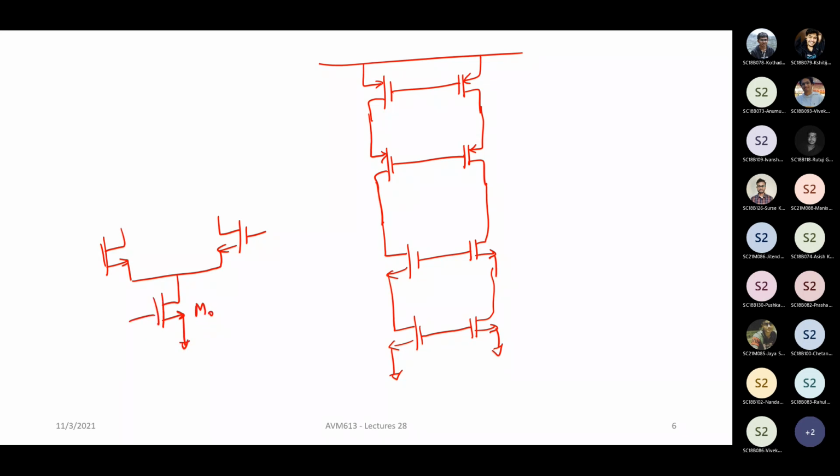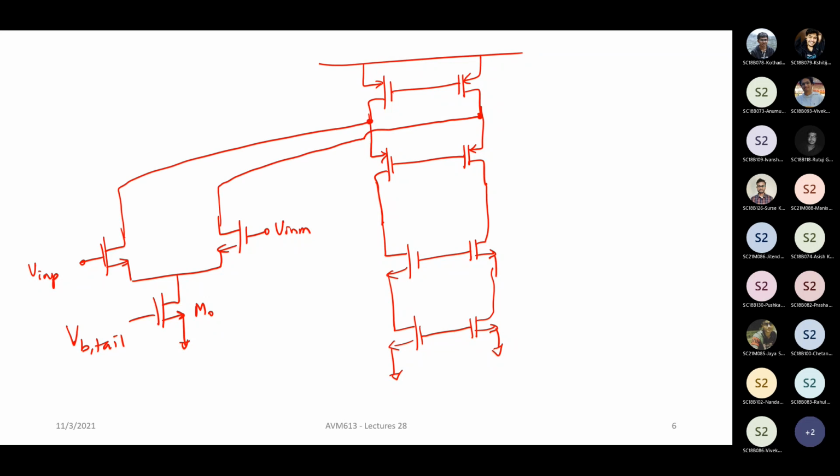Let's say this is M0, this is V in P, this is V in M, right? Let's say this is VB tail, and this goes and connects here. This is M1, this is M2. We'll stick to the same convention here, which is M3, M4, M5, M6, M7, M8, M9, and M10.